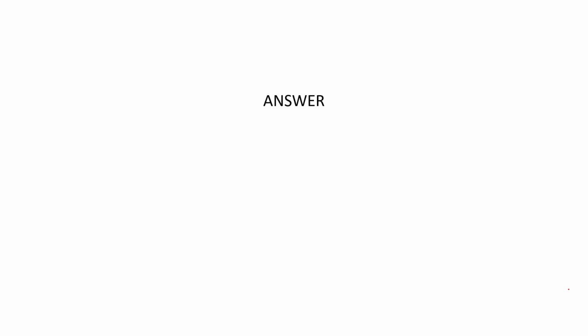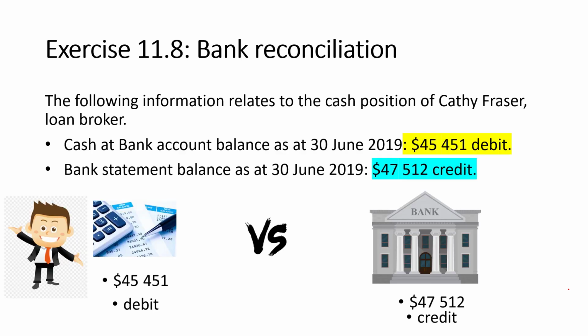To solve this problem, we first need to understand the current situation, the current problems. In our cash at bank account, the record is kept by us. This is our record.